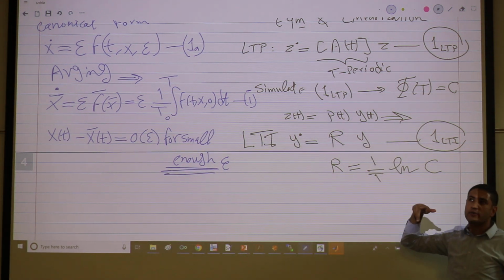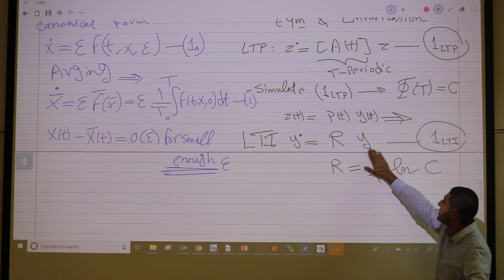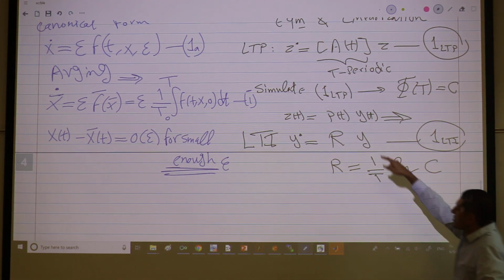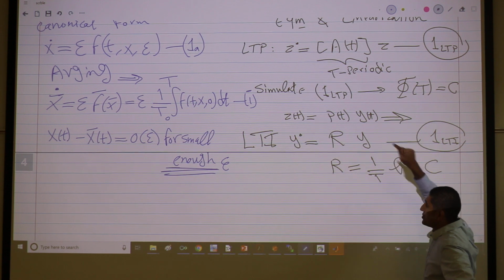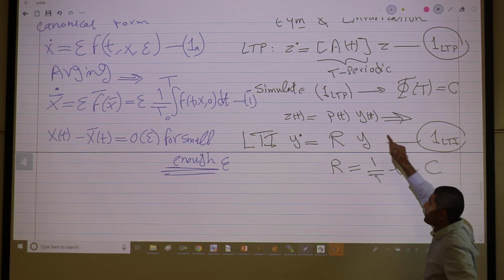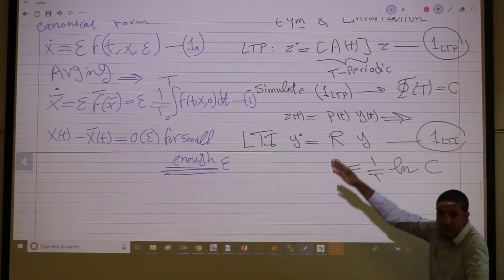It's very rarely found in books that Floquet is written as an exact averaging. Look at this. This is a time-invariant system corresponding to the time-varying one, whose stability characteristics help you to infer stability characteristics of the time-varying one. This is nothing but averaging.